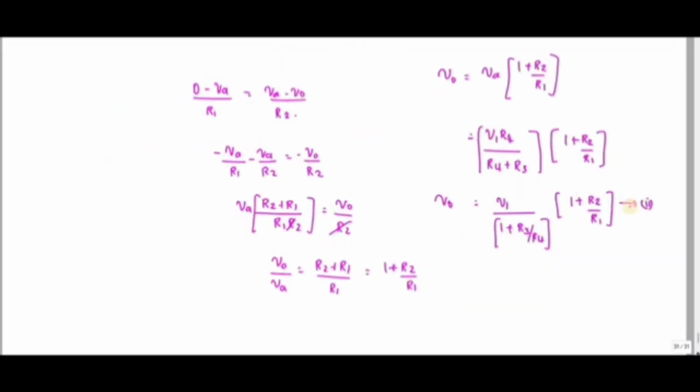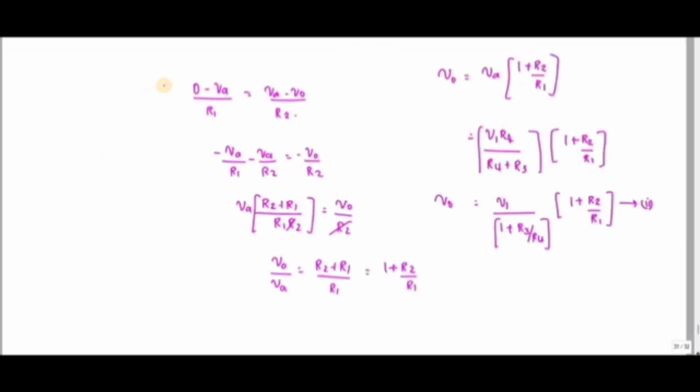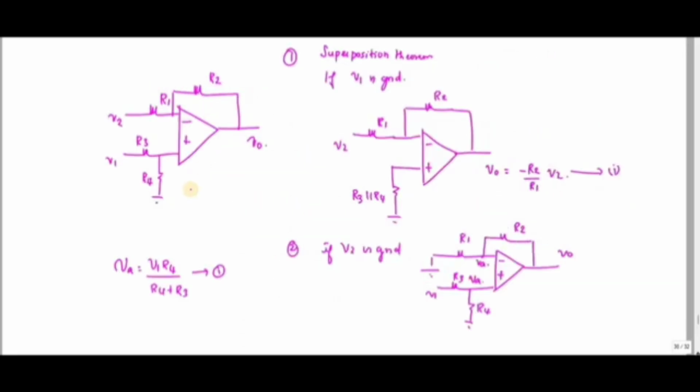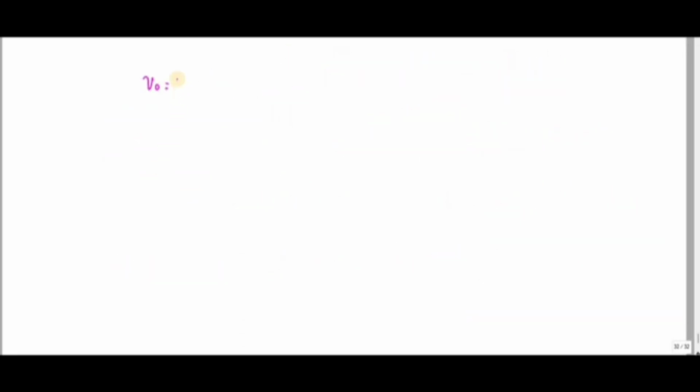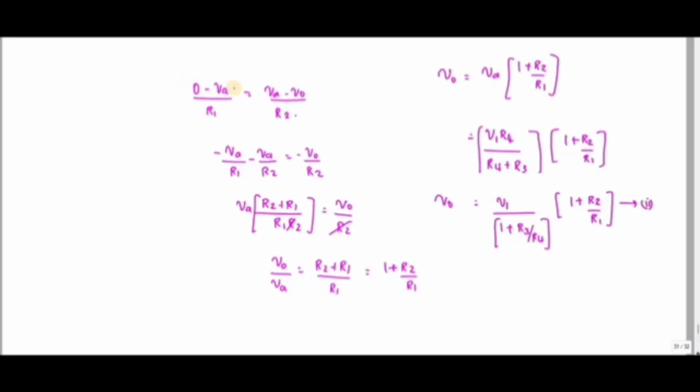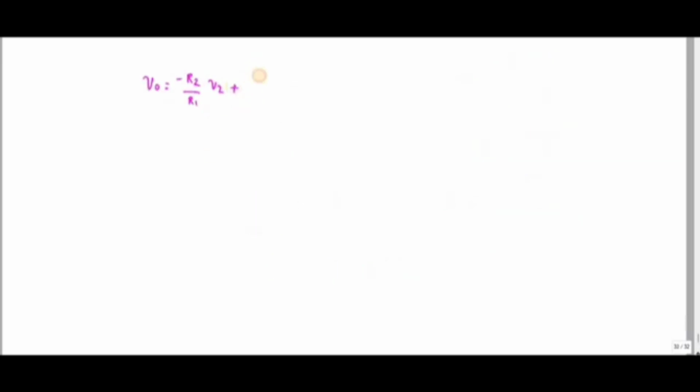If I add these two values, since I have used superposition, I get minus R2 by R1 into V2 plus V1 by 1 plus R3 by R4 into 1 plus R2 by R1.